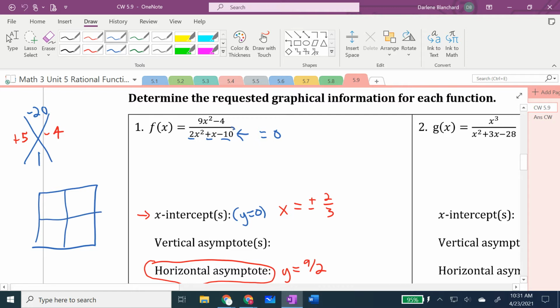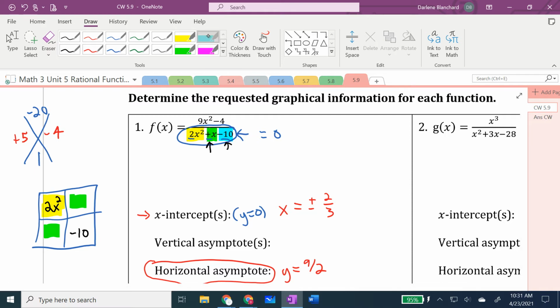And while I am factoring this, I'm trying to get this entire polynomial inside the box. Inside the box, I start with the 2x squared in the upper left corner. The negative 10 is going to show up in the bottom right corner. And the x is going to come about as an addition of these two boxes.